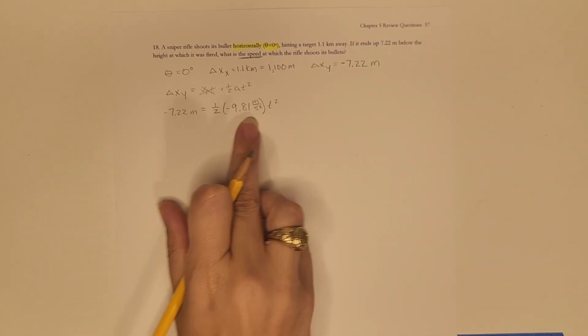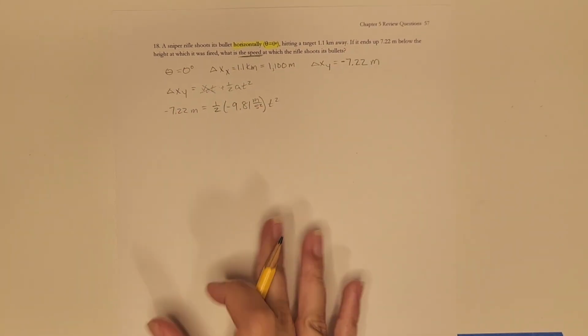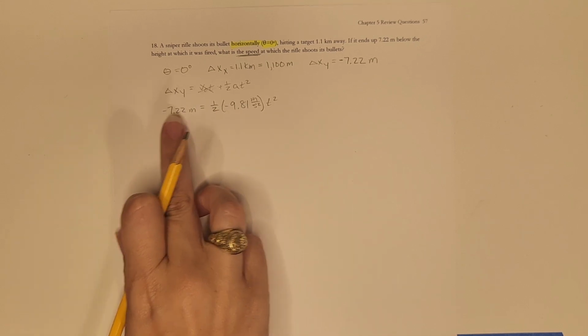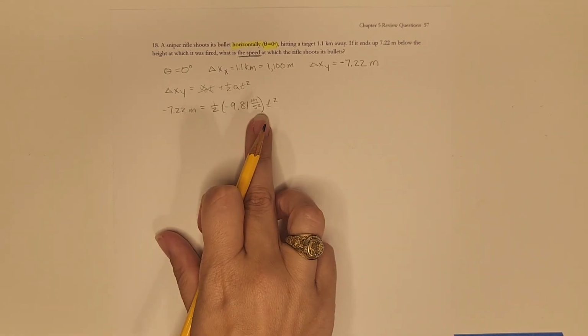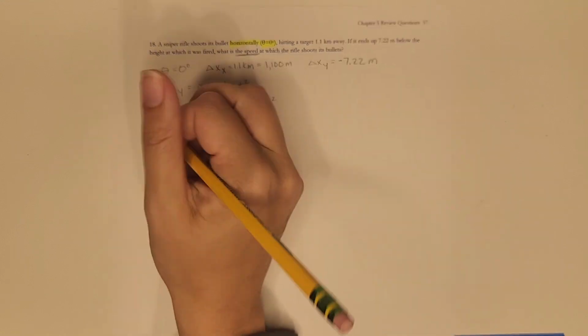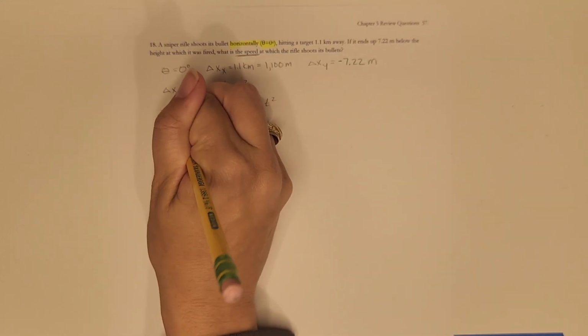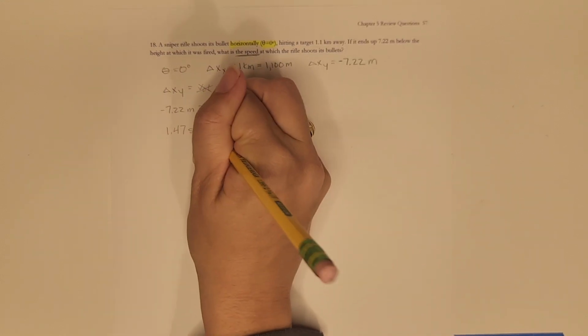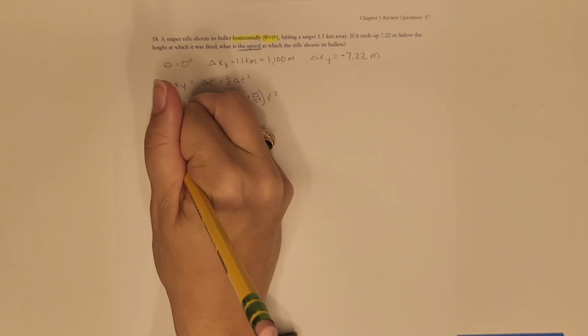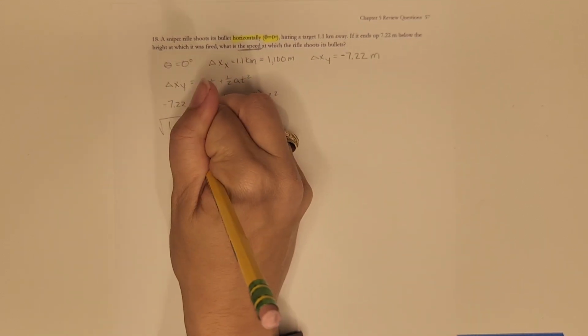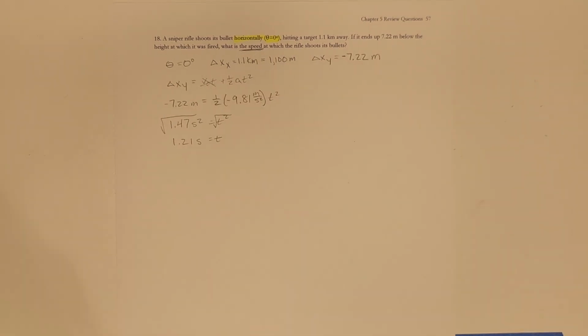So we're going to divide both sides by this. I'm not going to write that out, but that's what we're doing. So negative 7.22 divided by all of this to isolate the t squared is 1.47 seconds squared. And now we will take the square root and we get 1.21 seconds equals our time.